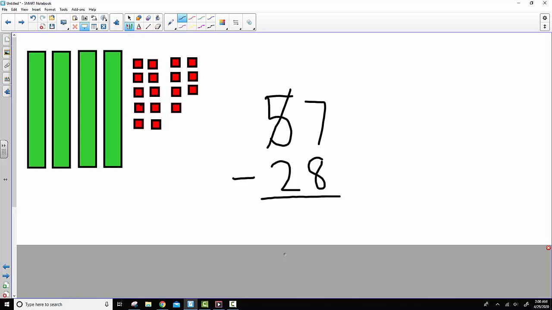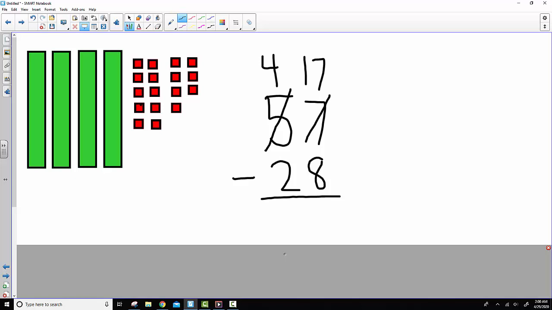So one of the tens was exchanged for 10 ones. So 7 ones adding 10 ones is now 17 ones. And you can see that very clearly in the example. It's still a total of 57, but we have exchanged and now we've regrouped that number.